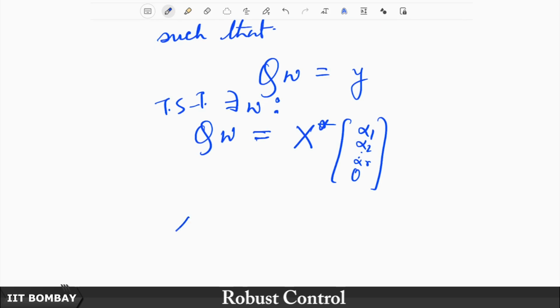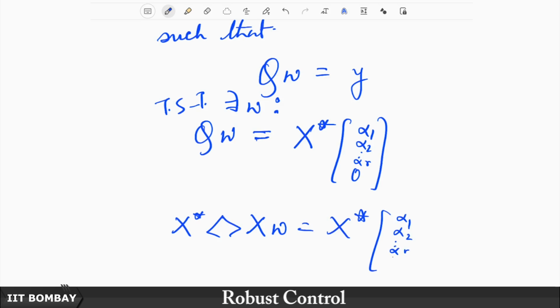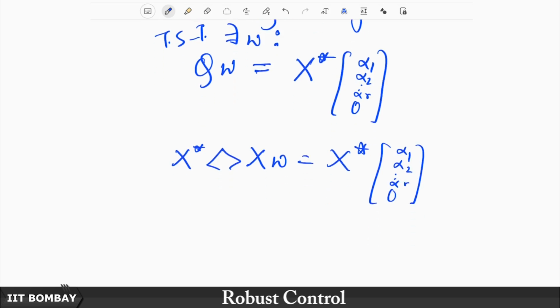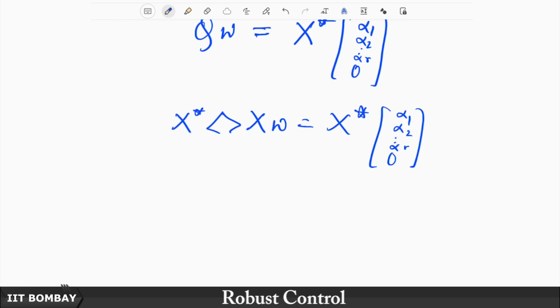This Q I can write as X Hermitian lambda X, times W is equal to some X star times alpha 1, alpha 2 dot dot dot till alpha r and all zeros. So, then if I operate with X on the left on both sides, I will get this expression.